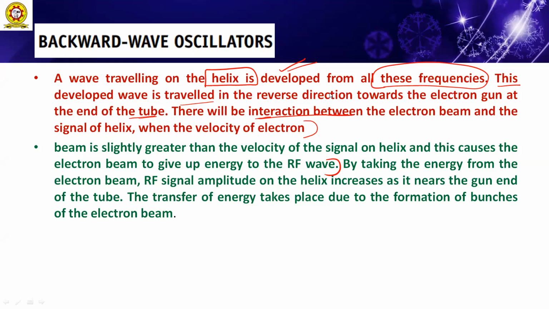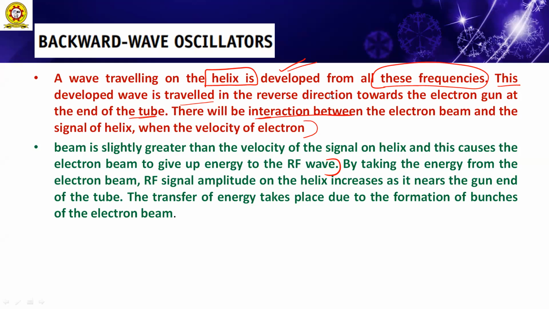So the amplitude increases, so automatically this energy has undergone transformation. The transfer of energy takes place, and this transfer of energy can be done by the proper formation of the electron beam bunching process. So dear students, this electron beam bunching process is again verified in BWO, like in a TWT and HWT.